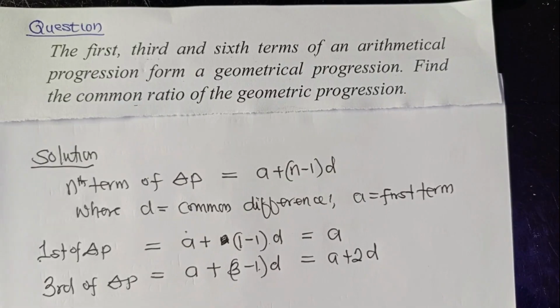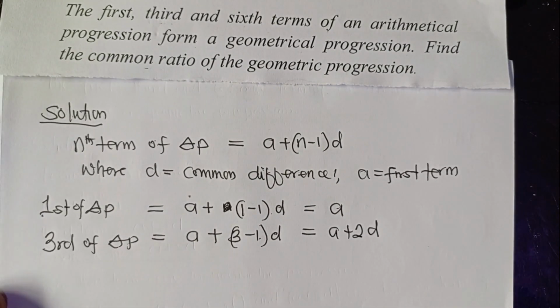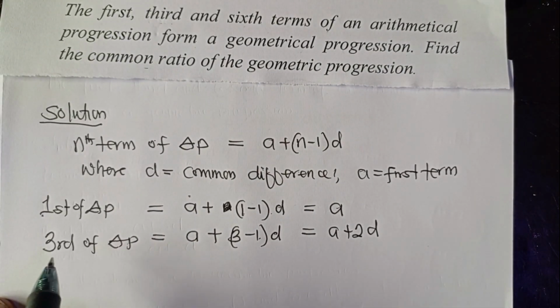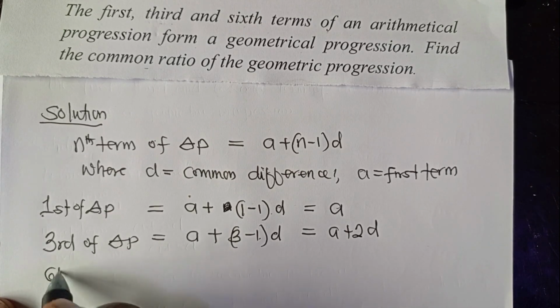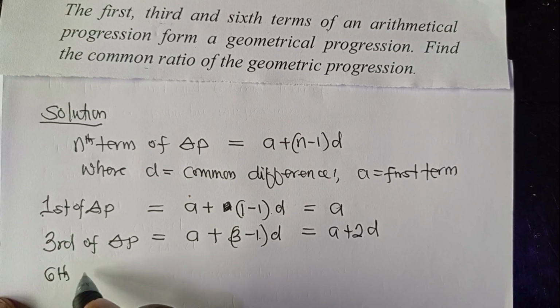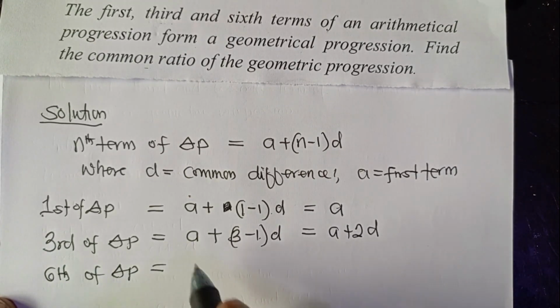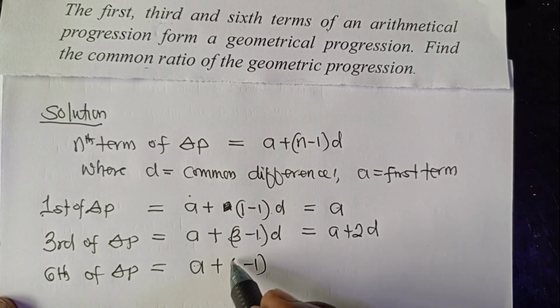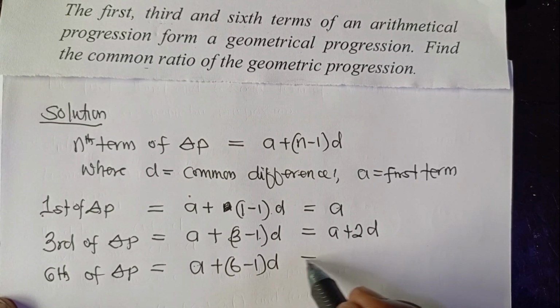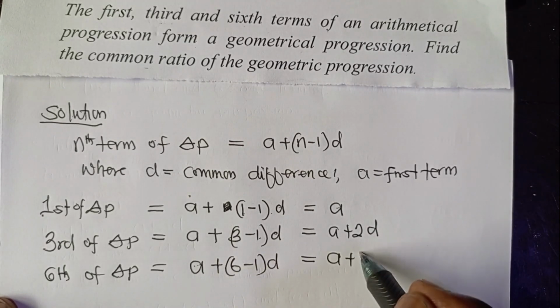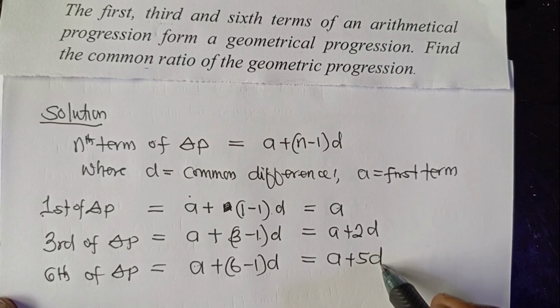So let's move on. The sixth term of the AP will give us a plus 6 minus 1 d, which equals a plus 5d.